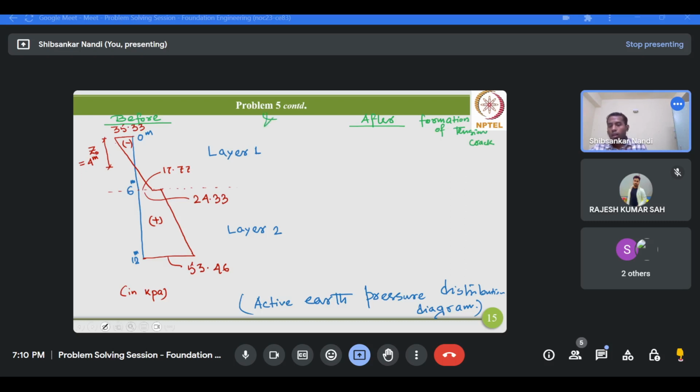Now, how will it modify if we consider the formation of tension crack? So this is for before the formation of tension crack.